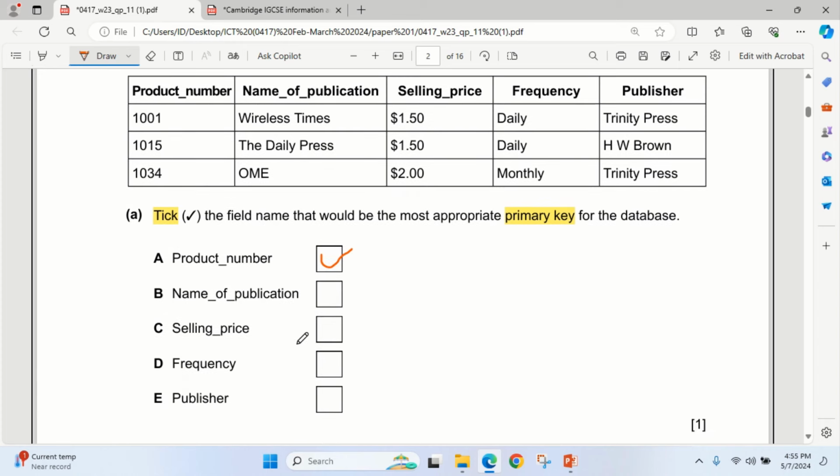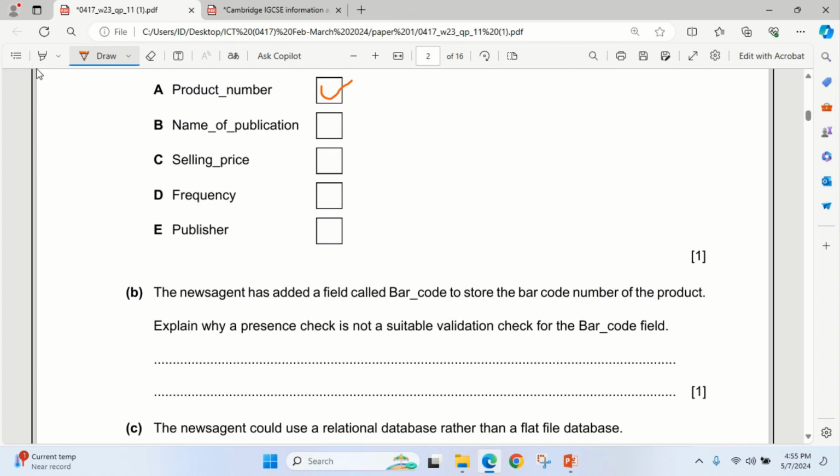Then the next one is question 1B. The news agent has added a field called barcode to store the barcode number of the product. Explain, the command word, why a presence check is not a suitable validation check for the barcode field. So what you need to know is, what is validation?